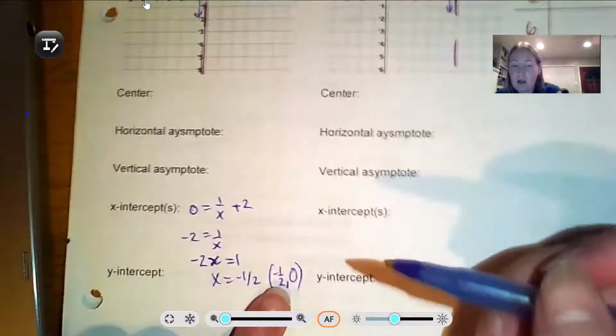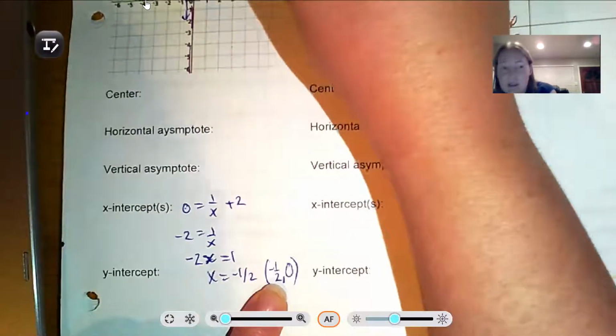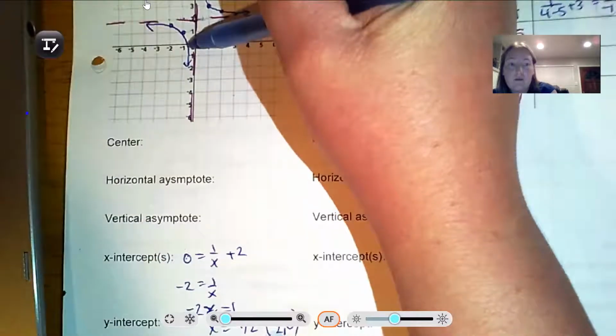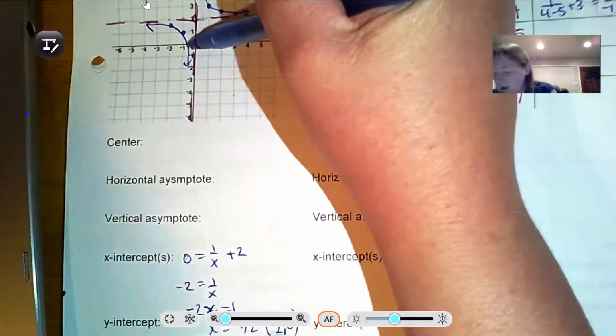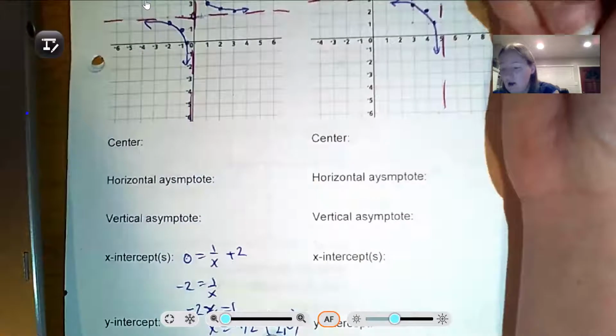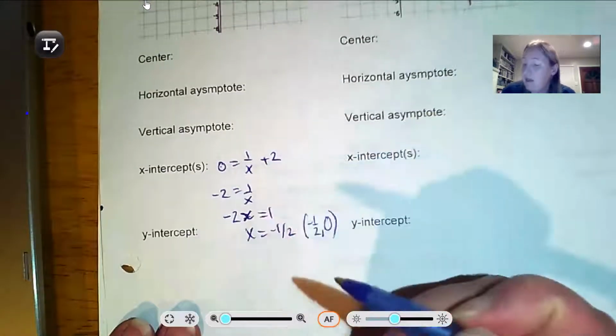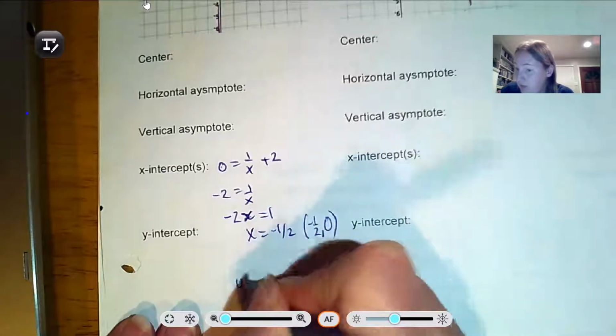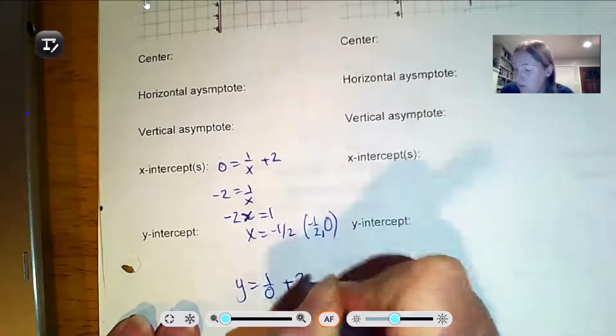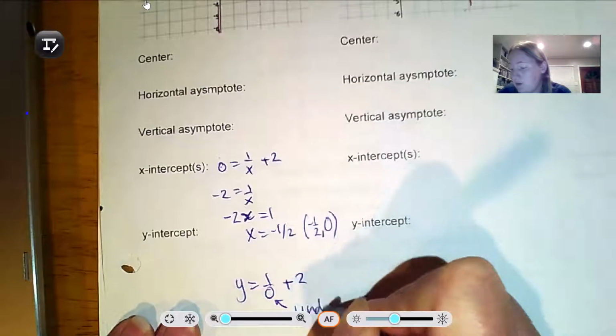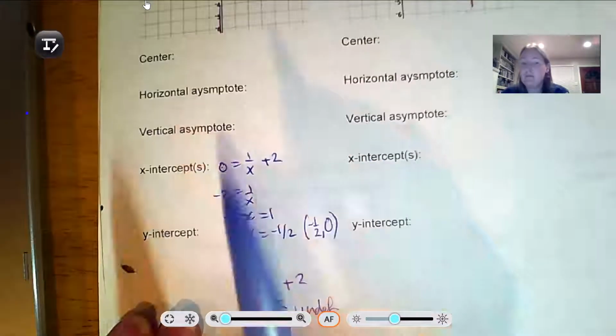So the point would be negative 1/2, 0, which we can see in this graph. Negative 1/2, 0 was the x-intercept. If we try to find the y-intercept, we would be setting the x equal to 0, and we can't have it undefined, and that's why we have the asymptote.